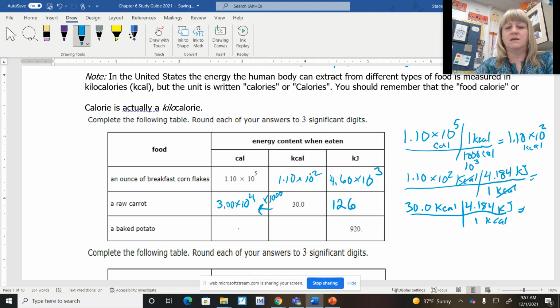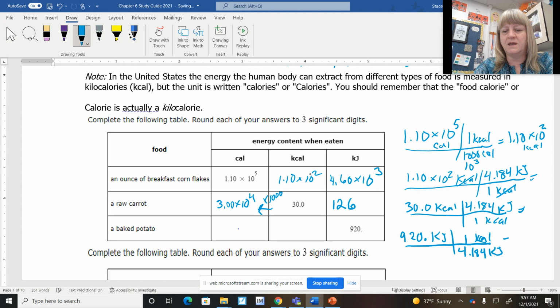Now this one, again, here we're starting with kilojoules, so 920 with the decimal kilojoules. Now this time, that 4.184 is going to be on the bottom, because I want to get rid of kilojoules, and 1 kilocalorie is going to be on the top.